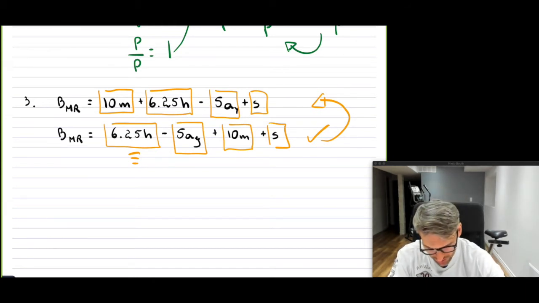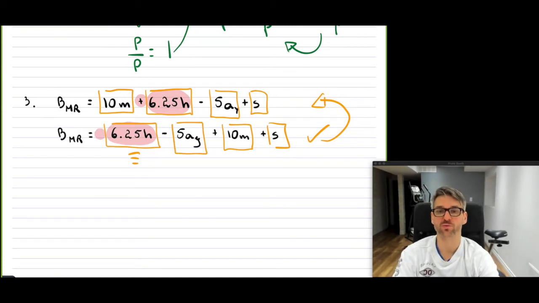So your goal is to take, for instance in this case, this formula and rearrange it so that they look identical, and just look at the signs. So for instance, this 6.25 you also have here, and they're both positive. That's something you want to be able to see. So of course these are the same.